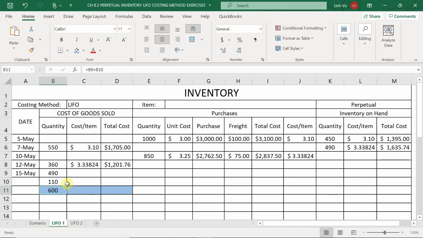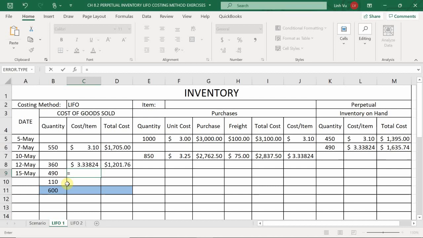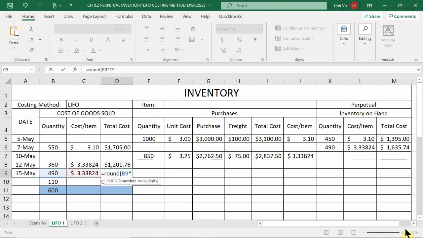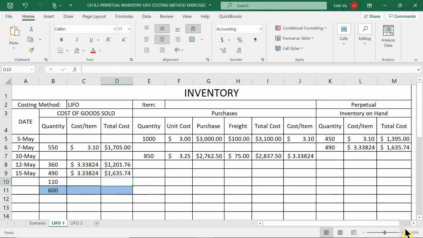120, 10, 110, okay? So in this case, if I know I'm going to eliminate this entire batch of inventory right here, I'm going to get rid of the entire batch. So I know that this is going to cost me $1,635.74.